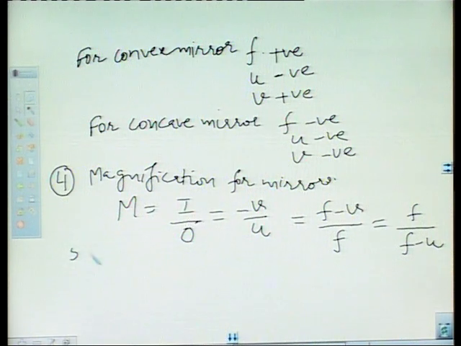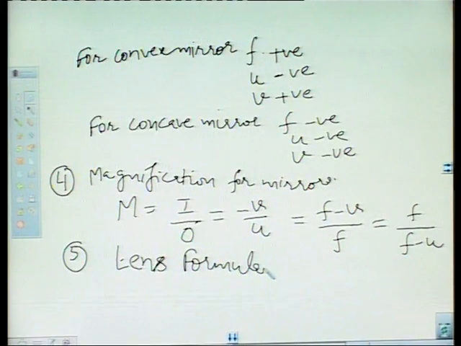Next is for the lenses, the lens formula. This is 1 upon f is equal to 1 upon v minus 1 upon u. This is the lens formula.